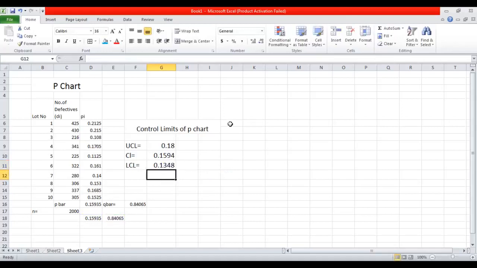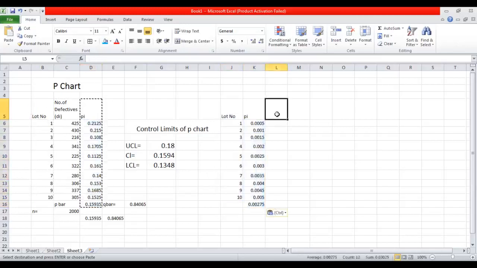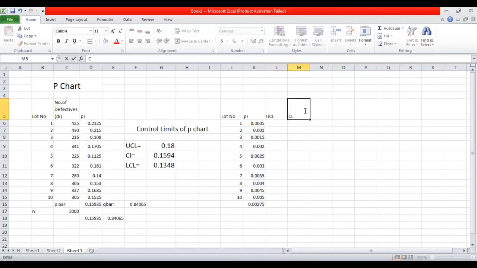So after getting UCL, LCL and CL values, what is the procedure we follow? First we write the lot number. I'll copy the lot number. Next I'll copy the PI values. Next UCL, CL and LCL.